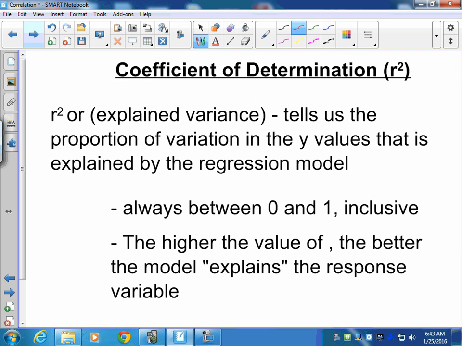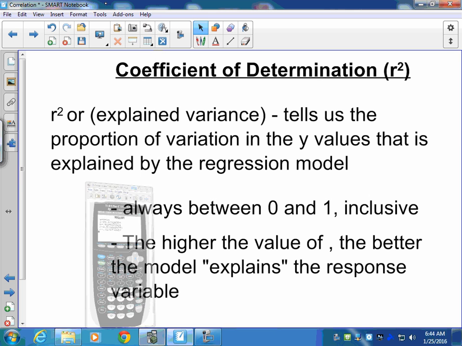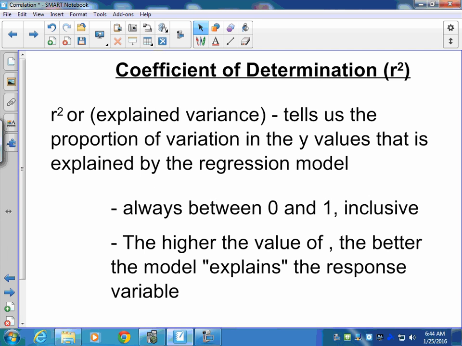Now, one extra calculation. If you remember when we looked at the calculator, it gives us two values. It gives us R squared and R. So we want to understand what R squared represents. Mathematically, it is just squaring the R value. When we do that, we always get values between 0 and 1. Everything is positive, so we lose the direction of the linear relationship when we find an R squared value.